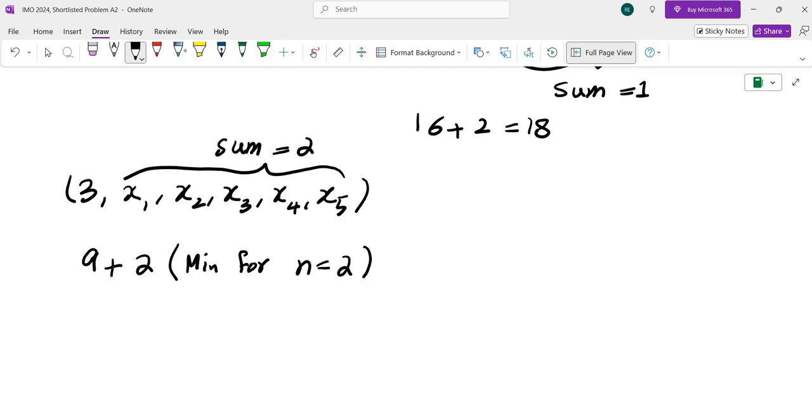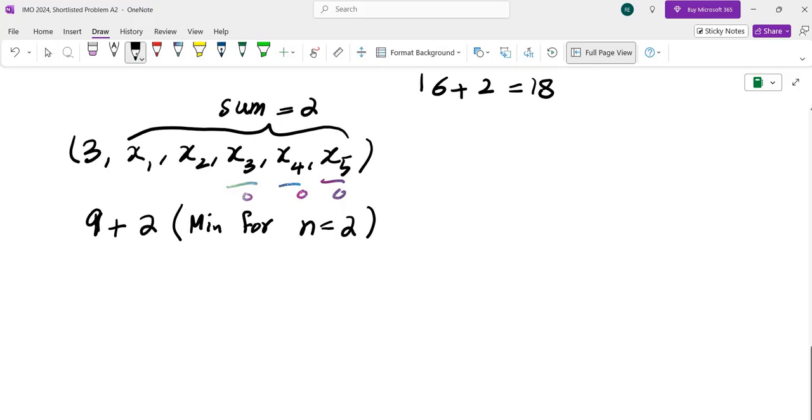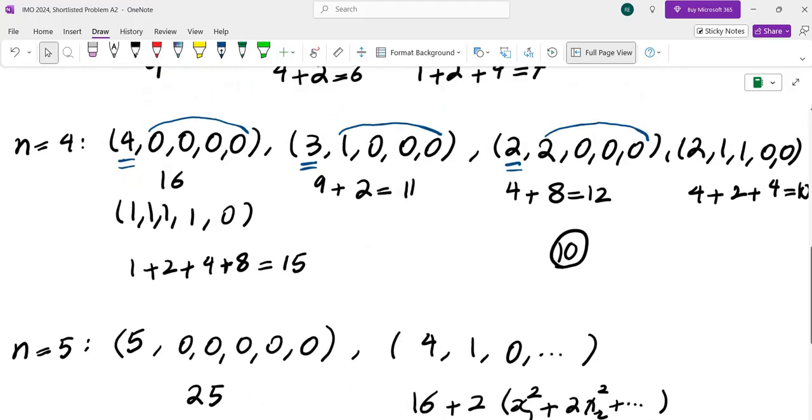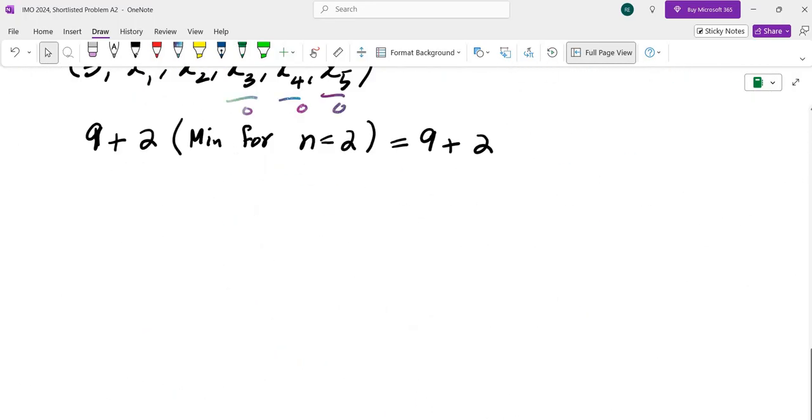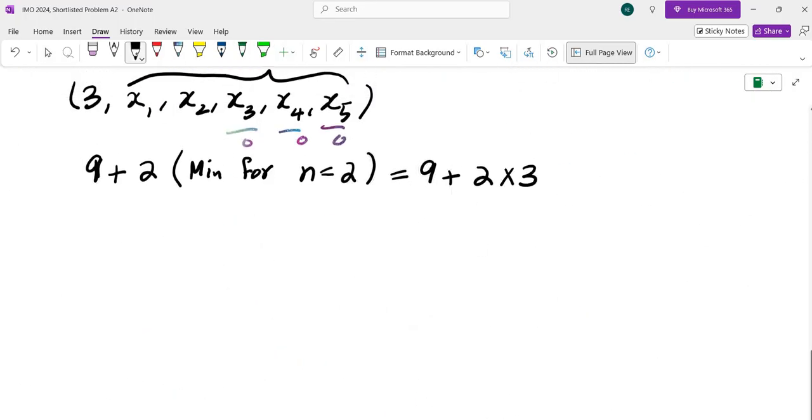Notice that when the sum is 2, these three are forced to become 0, so it's basically just for n equals 2, because the sum is exactly 2. So now I can say the minimum here is 9 plus twice the minimum that we found for n equals 2, which was 3. So 2 times 3. So this would be 9 plus 6, which is 15. So that's when the first one is 3.